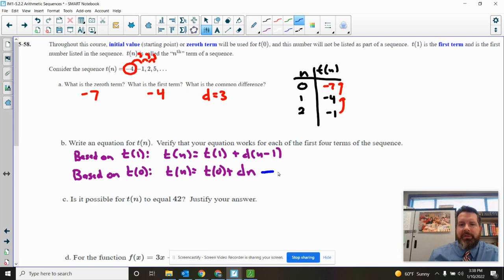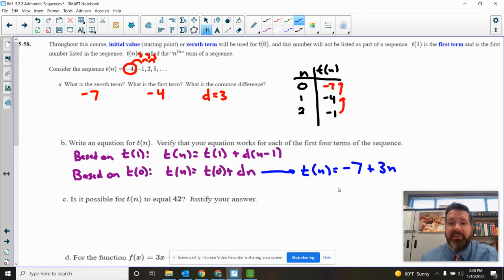So my equation is going to be Tn equals my zeroth term, which we found was -7, plus the common difference, which is 3, times the term number. There you go. That's your equation. Now, if you used the based on T1 version, it's still going to give you an equivalent equation. It just doesn't look as simple.